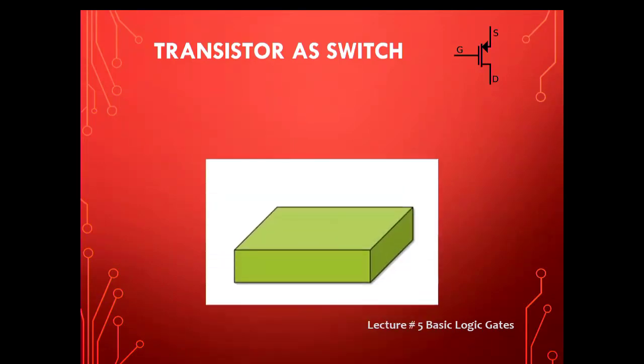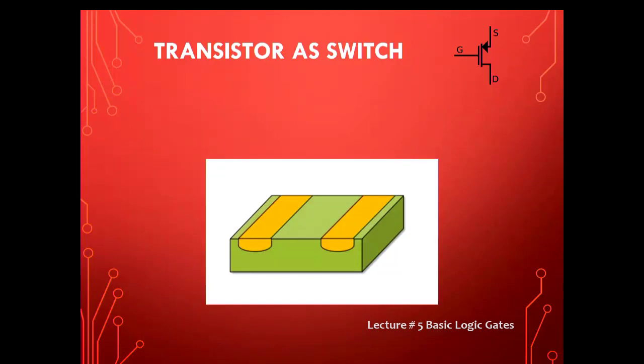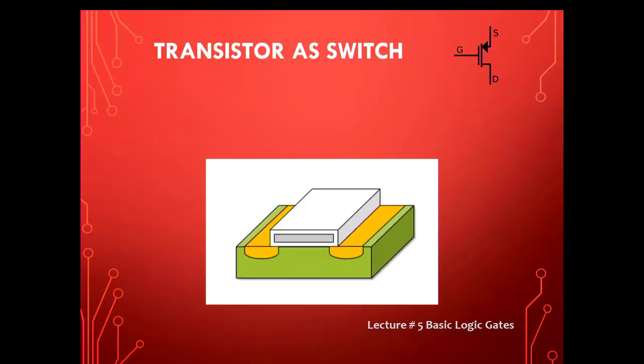So you have a piece of a semiconductor which is positively charged. This represents the positive region of the semiconductor material. The two yellow regions that you see are the negatively charged areas on the piece of semiconductor. And there's no current that is going to flow between these two yellow regions unless there is a conductive channel. This conductive channel is opened up when you place a piece of material, which is usually a metal, encased in a piece of glass, an insulator.